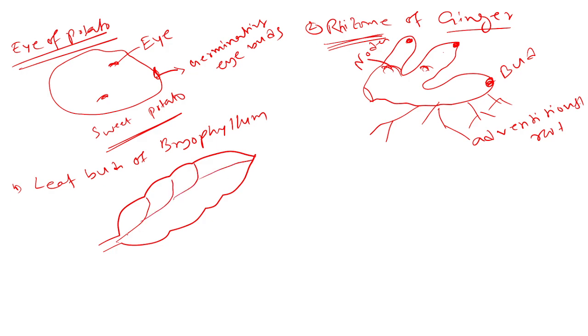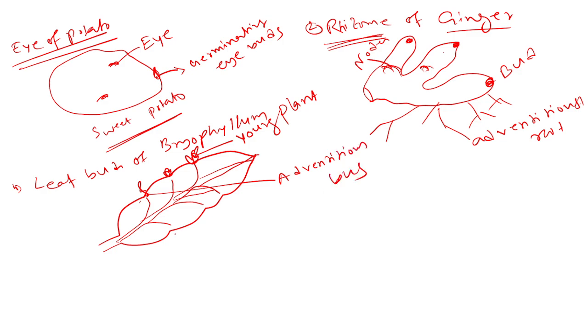This is a Bryophyllum leaf, and this is the young plant and adventitious parts, and these are the marginal notches. Here the Bryophyllum leaf buds are the most important in vegetative propagation.